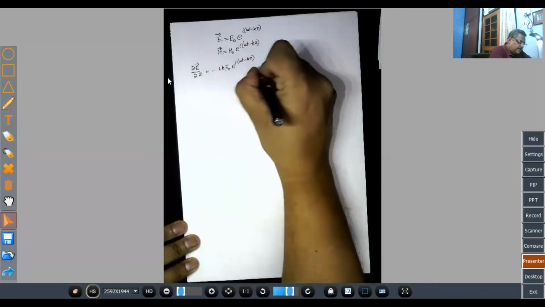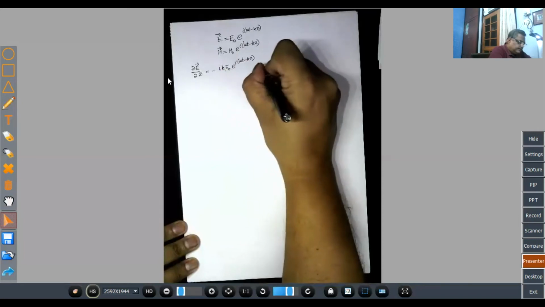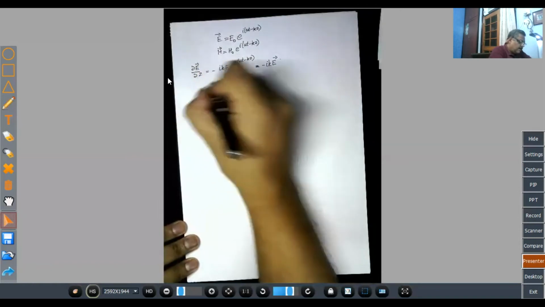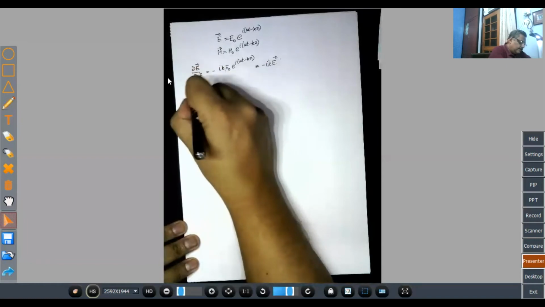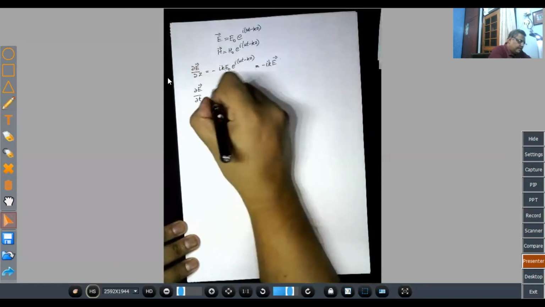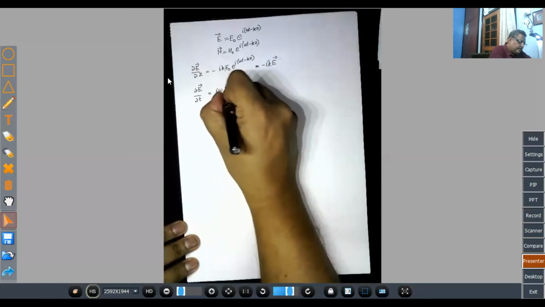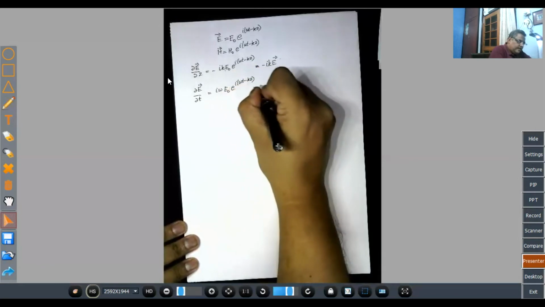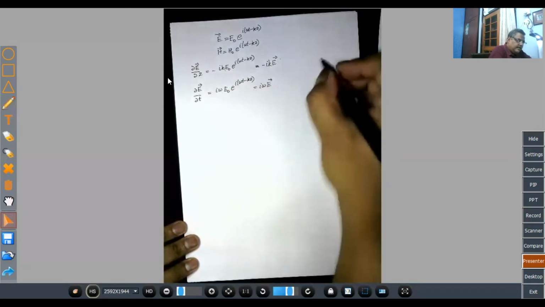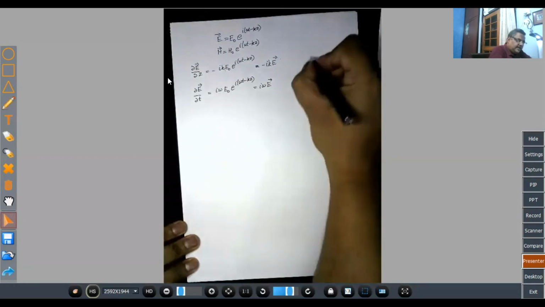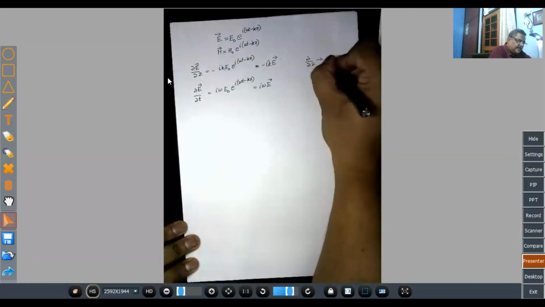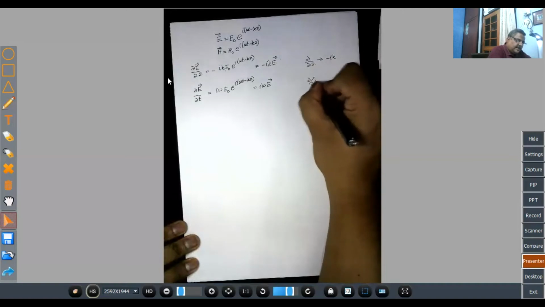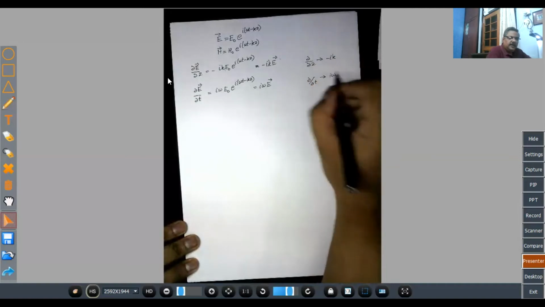Again substituting this, so what we get from this, that del by del z, multiply the equation by minus ik. If it is del by del t, then multiply the equation by i omega.